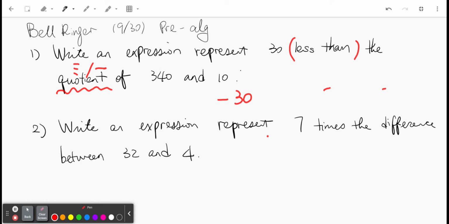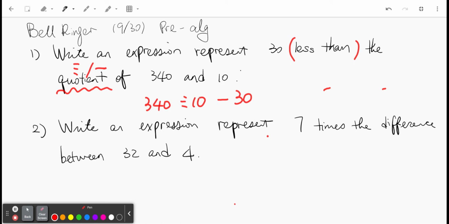Quotient of 340 and 10: whatever number comes first goes on top of the fraction line, and whatever number comes second goes under the fraction line. Or it's 340 divided by 10. That's it. This is how you write a mathematical expression. So you see how we translate English into math? You will see a lot of those in the future.